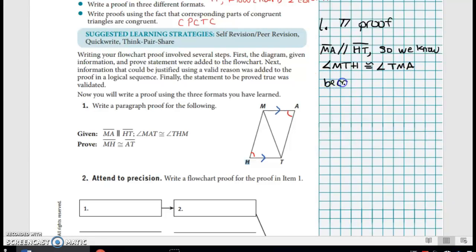Because they are alternate interior angles of parallel lines.